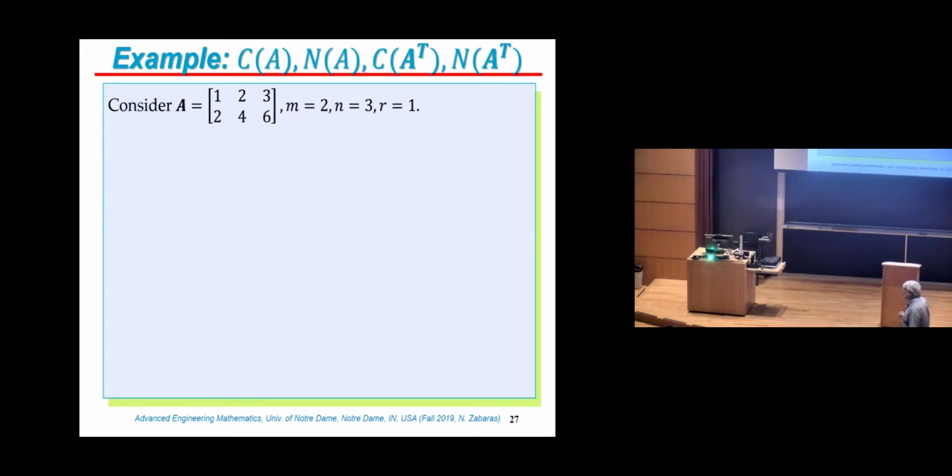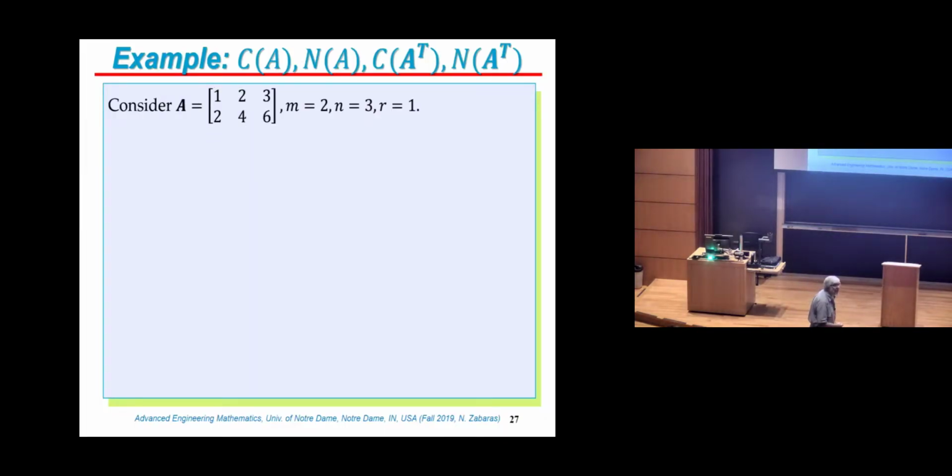OK? How many independent columns do I have in this problem? r is equal to 1. So how many independent columns? 1, right? Because you can see 2, 4 is 2 times this, and 3, 6 is 3 times that. So what's the dimensionality of the left null space?